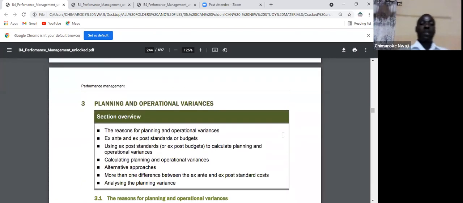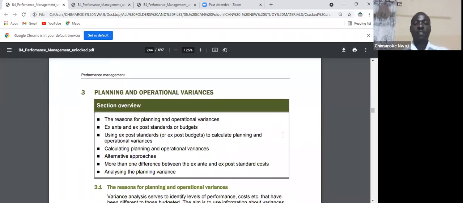Now, there is something else we want to do in advanced variance. This is called the planning and operational variance. So I'm going to talk a bit about it. Then perhaps in the next class, we are going to dwell on planning variance and operational variance.